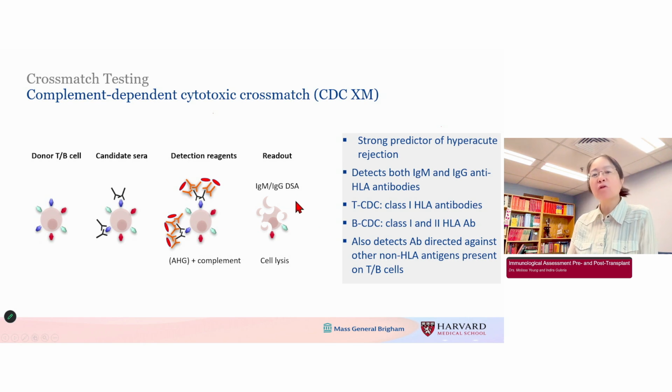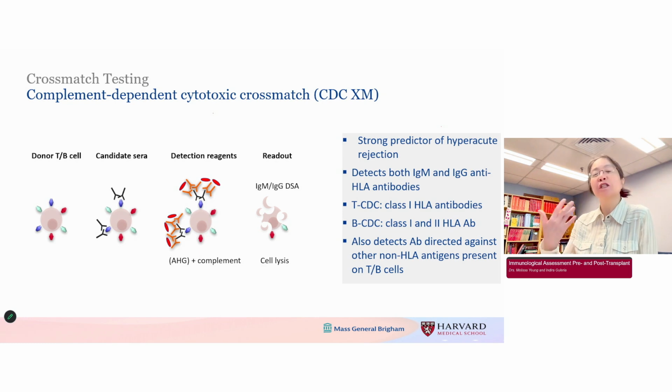The important thing to point out in the CDC crossmatch is that it can assay both IgG DSA as well as IgM. And so it's pretty much the only assay that we use to detect IgM HLA DSA.